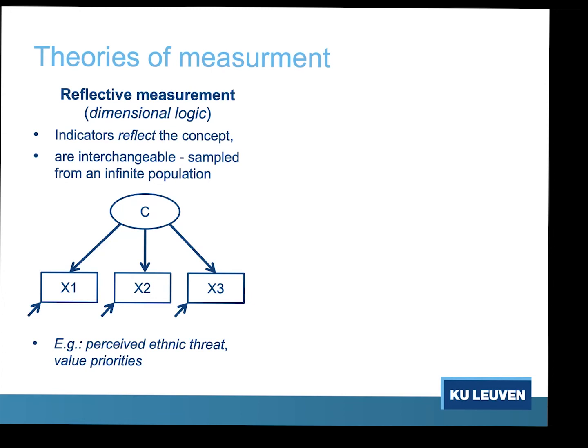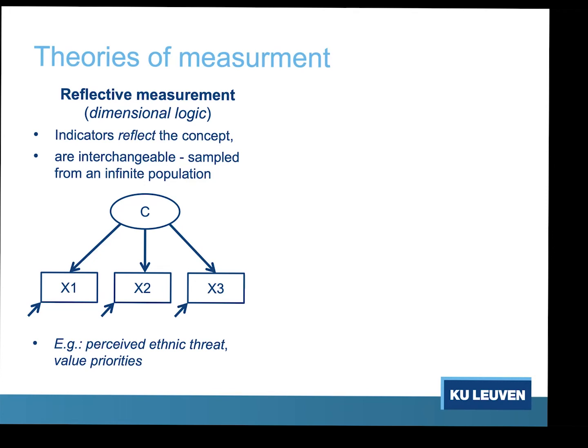So one approach is the theory of reflective measurement, sometimes called dimensional logic, right? And the idea here is that we have a concept that we want to measure, C. It's something that you cannot observe directly. It's a latent concept. And so what we do instead is try to select multiple indicators that reflect this concept.